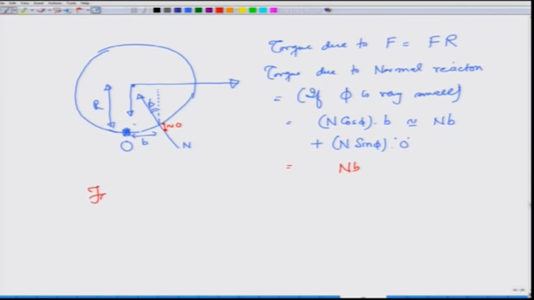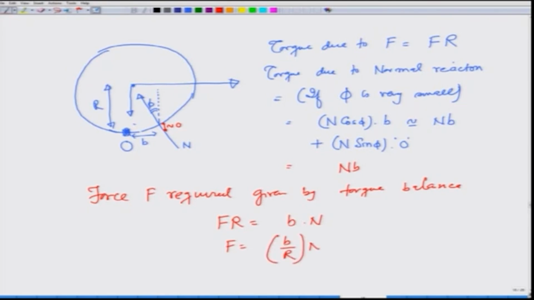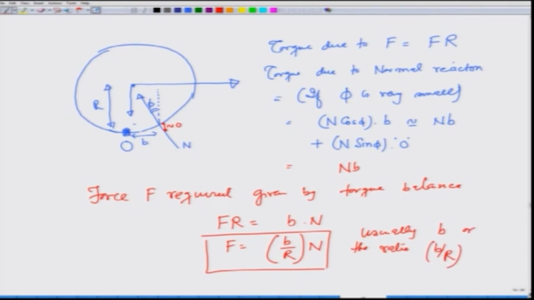So, the force required is given by torque balance, and that gives me F R equals B times N, or F equals B over R times N. So, if I want to specify rolling friction, usually B or the ratio B by R is specified, and that gives me the value of rolling friction.